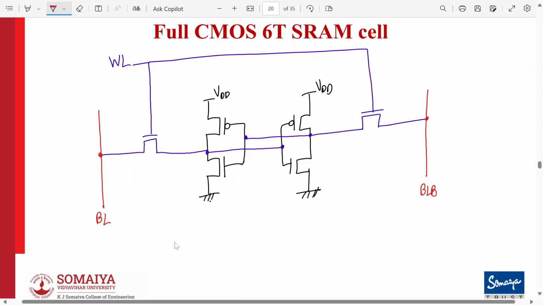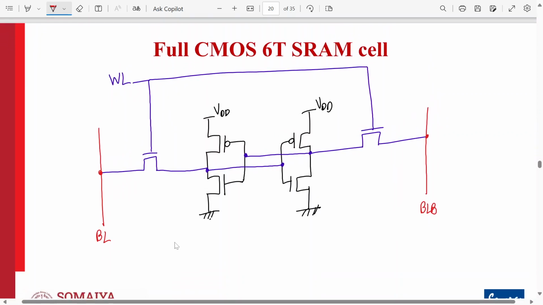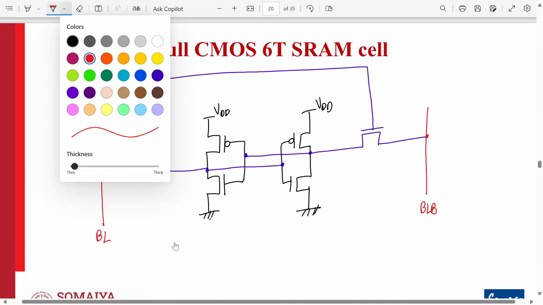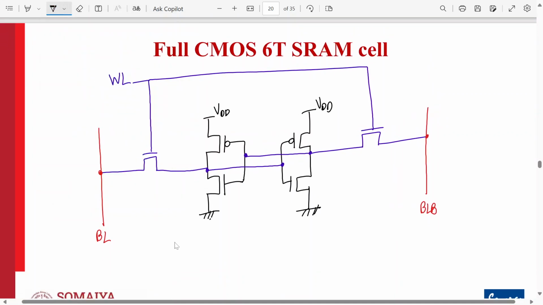Then there are precharge transistors required during the read phase. So we can connect a precharge transistor over here, which will precharge the bit line. These are pseudo NMOS transistors, as we already know.